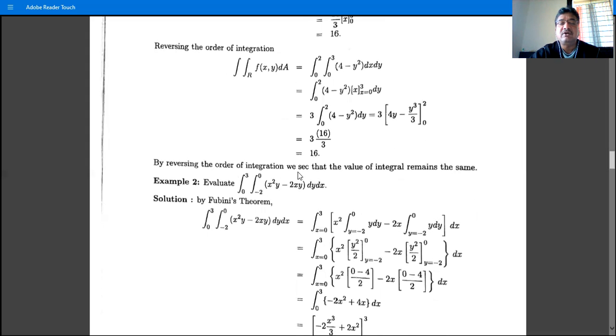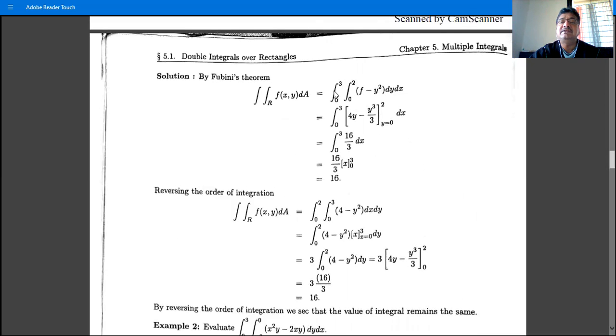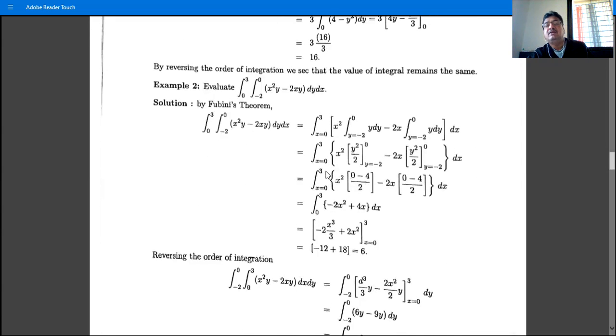By reversing the order of integration, we see that the value of the integral remains the same, and this is Fubini's theorem actually. But this holds when the limits are constants; otherwise, if we interchange or reverse the order of integration, then we have a different answer.